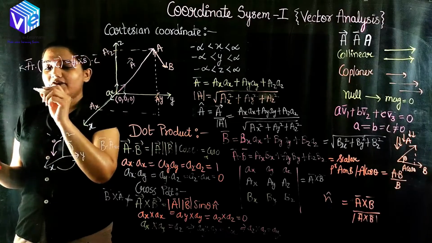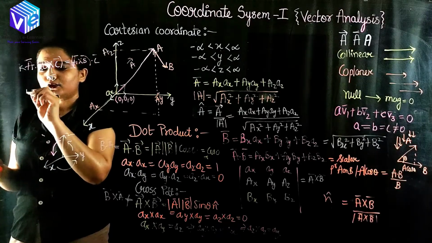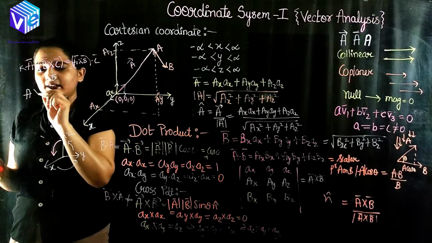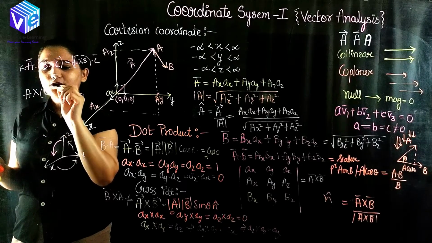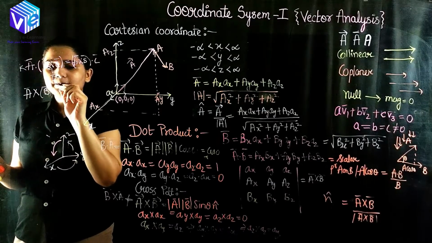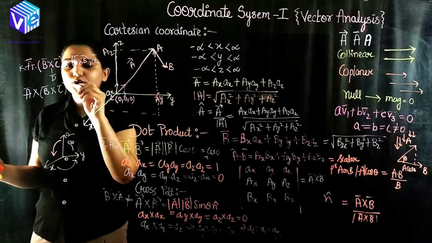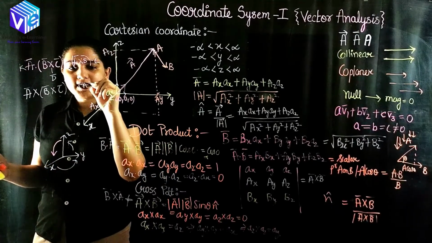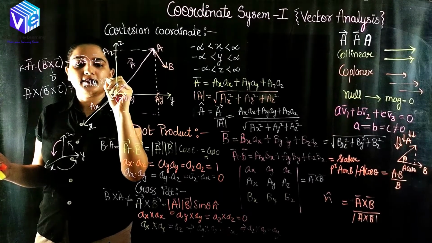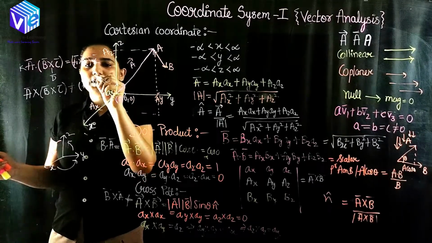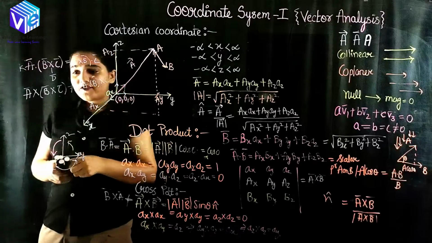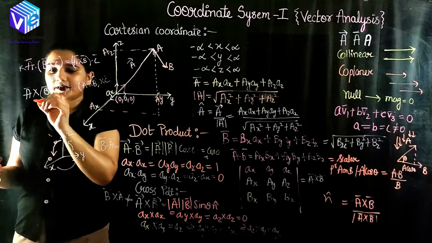Now if I talk about the vector triple product, if I again have three vectors and I am taking A cross B cross C, it is the vector triple product and it is not equal to A cross B cross C with the grouping changed. So these are not equal. Now what is the formula to find out the vector triple product?